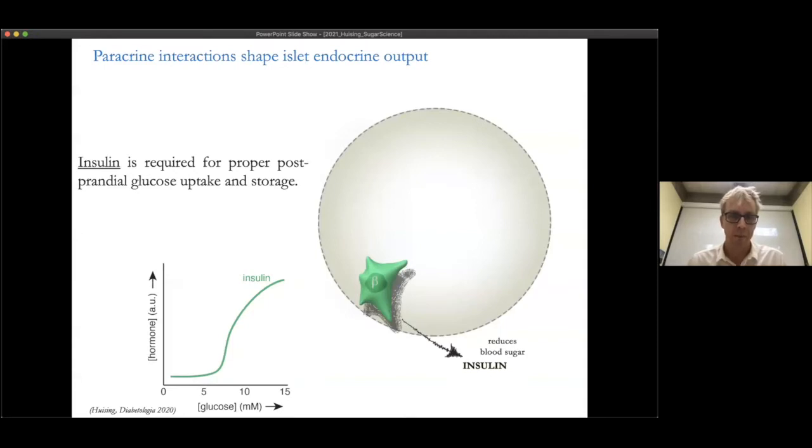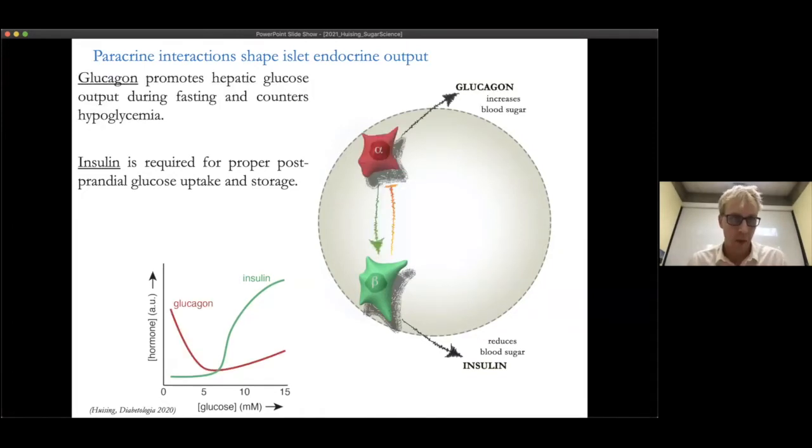The focus of my lab, and I'll set this up in this slide, is that the islet contains more than beta cells, even though I just said that the beta cell is bar none the most important cell in the islet. There are also alpha cells and delta cells, and they communicate. It's no coincidence that they occur in the same islet together. There's extensive crosstalk going on, and we're starting to unravel that.